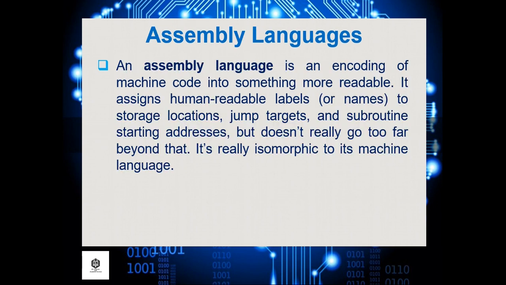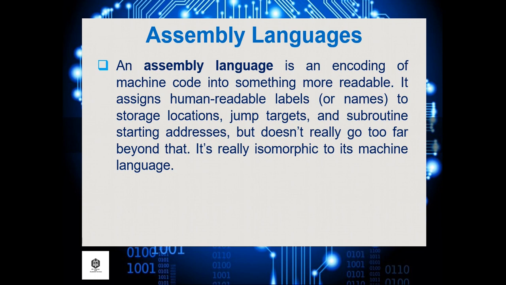Then we proceed to assembly languages. An assembly language is an encoding of machine code into something more readable. It assigns human-readable labels or names to storage locations, jump targets, and subroutine starting addresses, but doesn't really go too far beyond that.